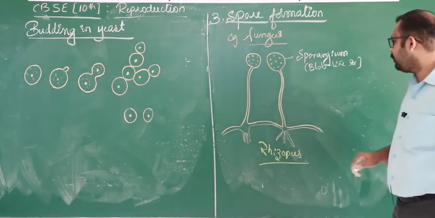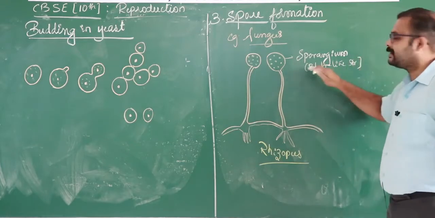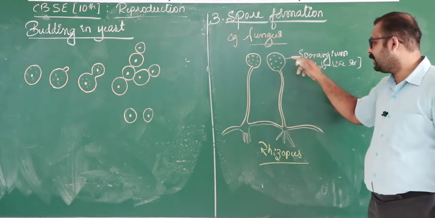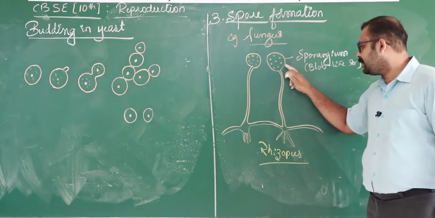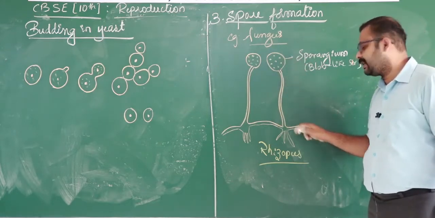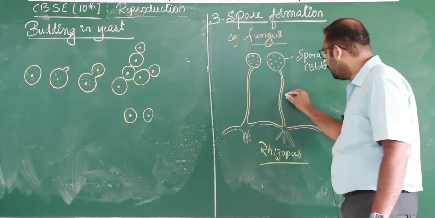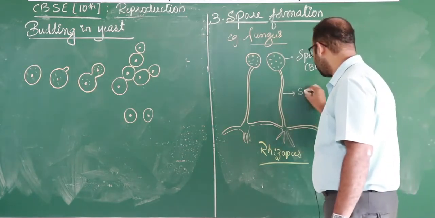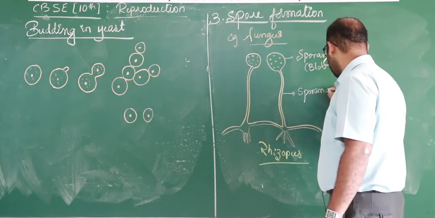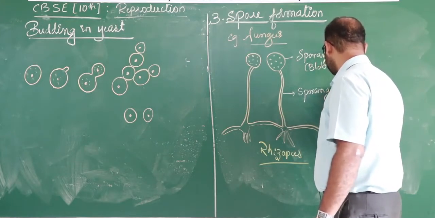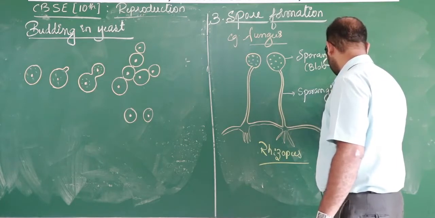This sporangium is also called the spore case. Inside the spore case, it produces spores. This sporangium is attached to a thread-like structure called sporangiospores.